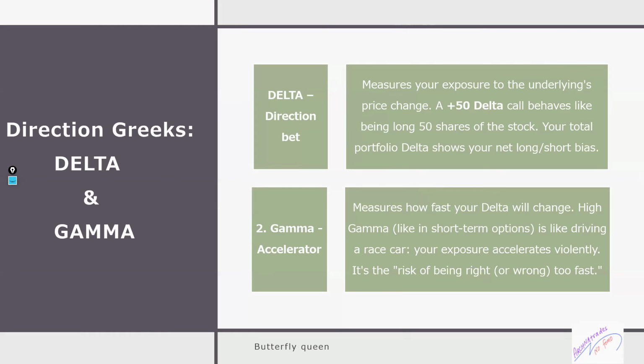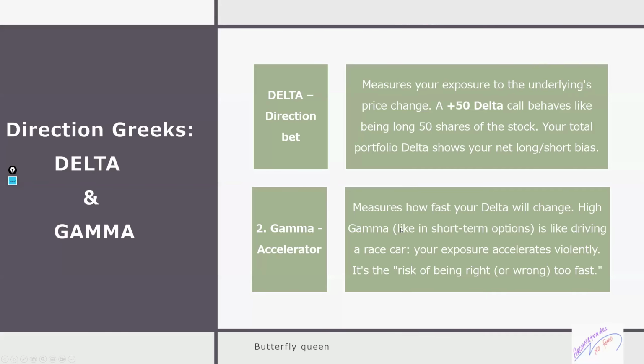Your exposure accelerates violently. It's the risk of being right or wrong too fast. So knowing your portfolio delta, and whether you are long gamma or short gamma, will help you tell how fast or slow your portfolio is going to go up or down based on not only what your positions are doing, but what the market is doing in general.